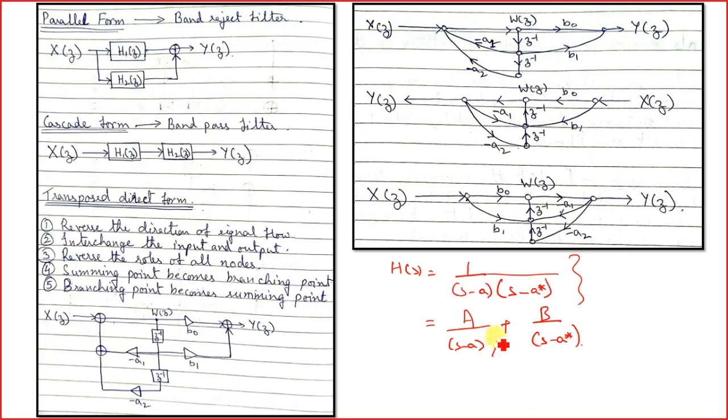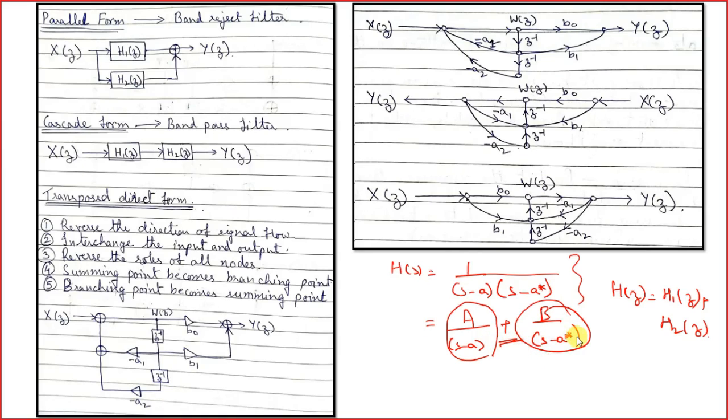So now you have got H1(z) and H2(z), then you can go for H(z) equals H1(z) plus H2(z). Okay. So for the implementation of the parallel form, you need to have addition.